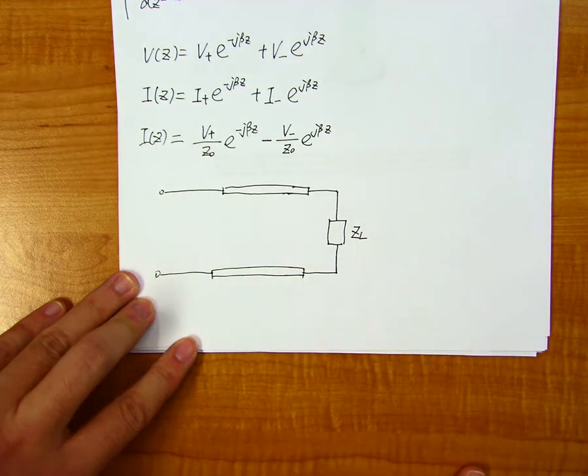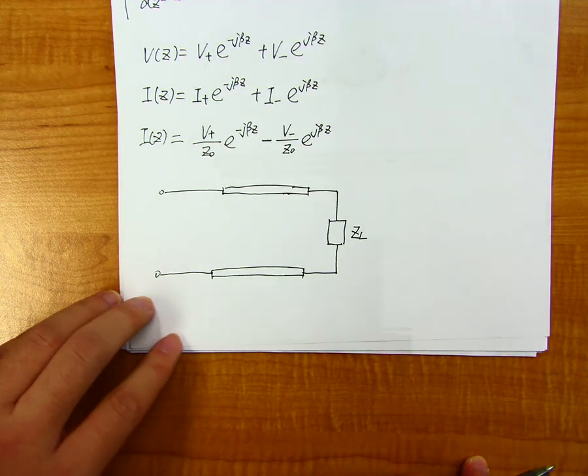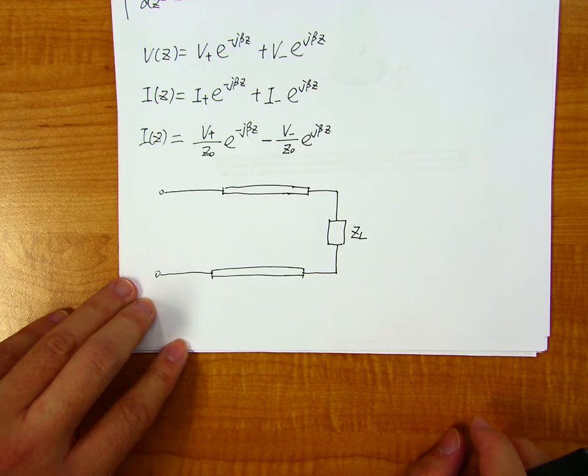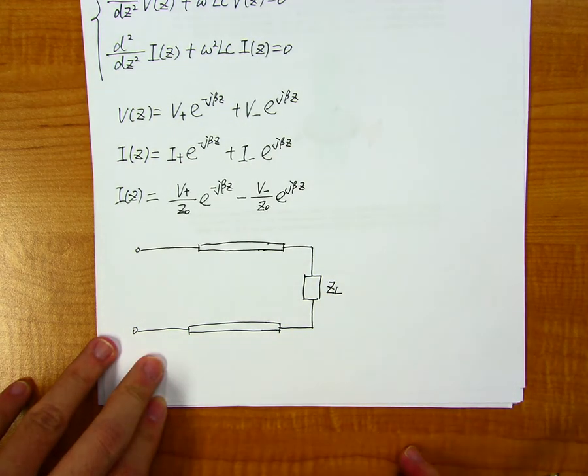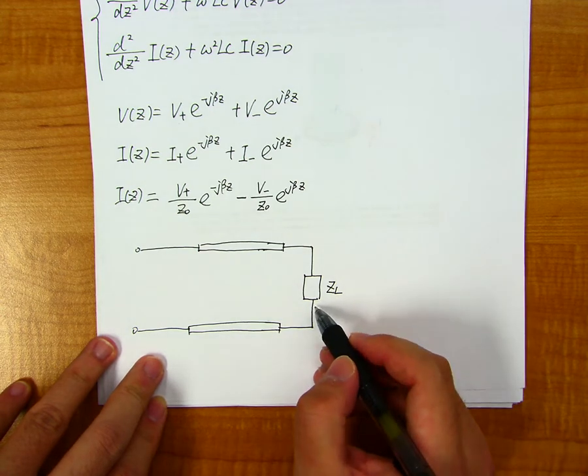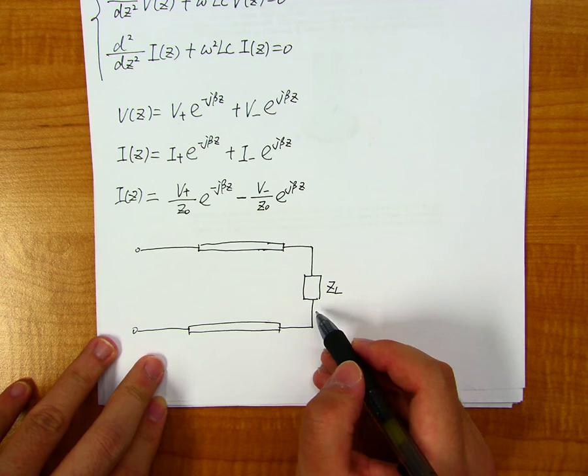If the transmission line is terminated like this, then it turns out these two variables, V plus and V minus, are not independent anymore, because we actually introduced a new boundary condition for this circuit.